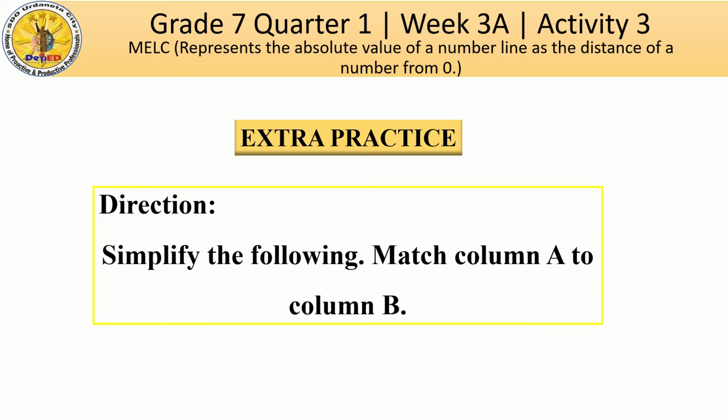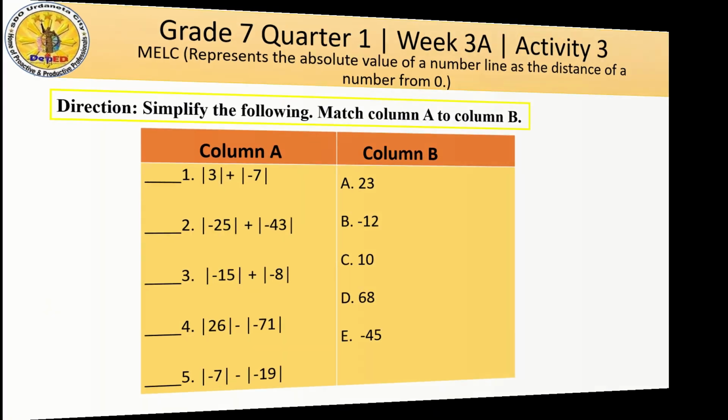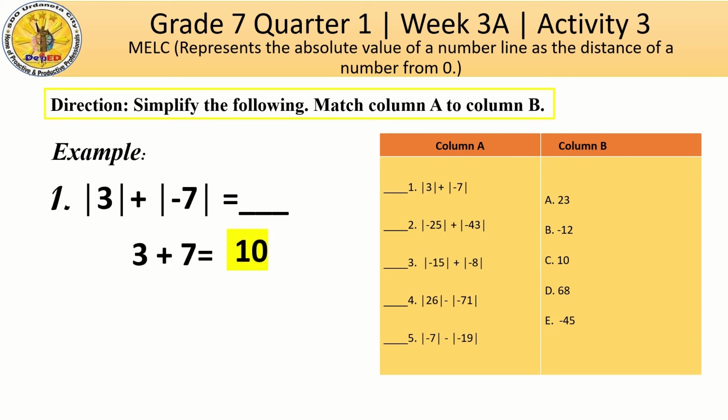Here is the direction. Simplify the following. Match column A to column B. So this is what we're going to match. For example, number 1, absolute value of 3 plus absolute value of negative 7. Okay, 3 plus 7, the answer is 10.